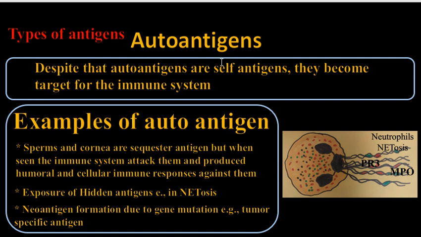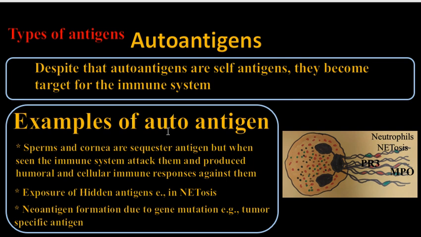Also, there is another type of antigens known as autoantigens. And auto means self. These are self antigens. But despite that they are self, I mean that they are not foreign, they become targets for the immune system.